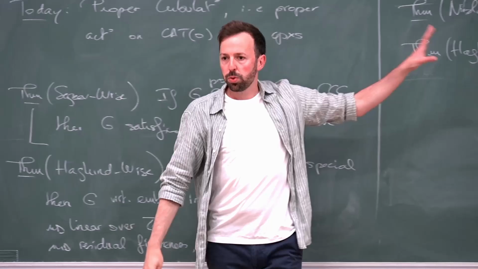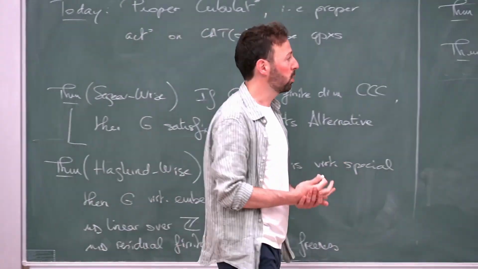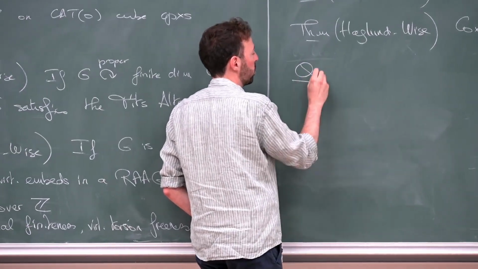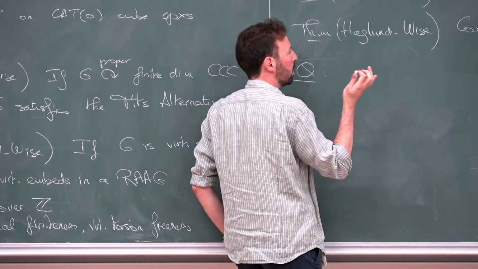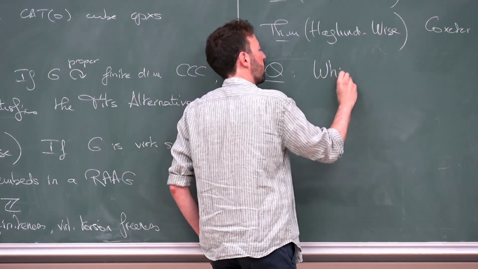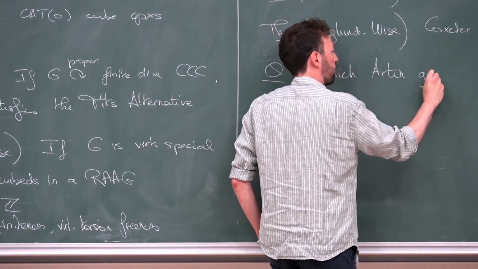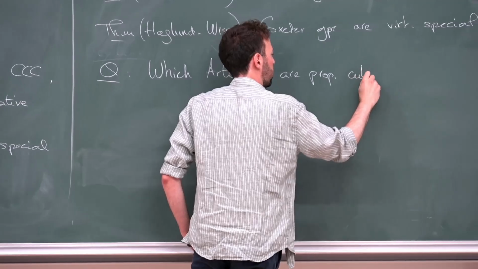So it's quite natural, when you know this for Coxeter groups, to wonder whether the same might hold for all Artin groups. The main question I want to focus on today is: are Artin groups properly cubulated? But I'm going to phrase it as: which Artin groups are properly cubulated?